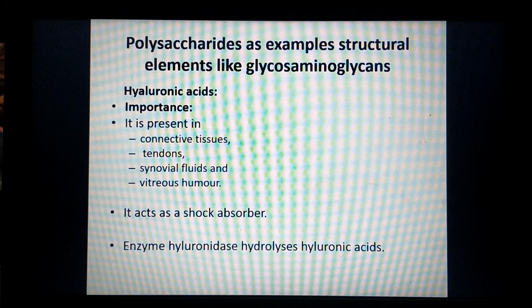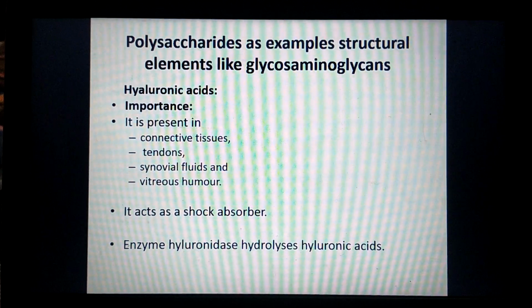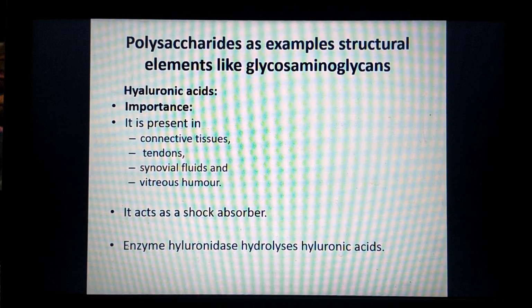Also hyaluronic acid is present in the vitreous humor. Vitreous humor is found in the posterior chamber of our eye. Now this hyaluronic acid acts as a shock absorber. The enzyme hyaluronidase hydrolyzes the hyaluronic acid. So this hyaluronic acid forms a ground substance in our body.